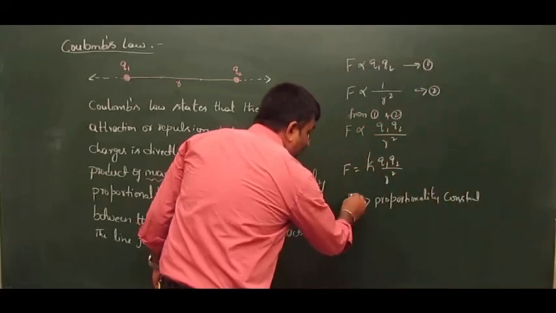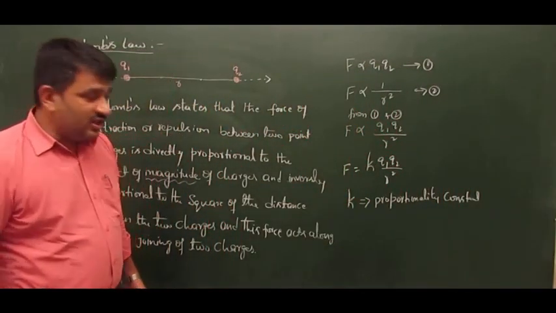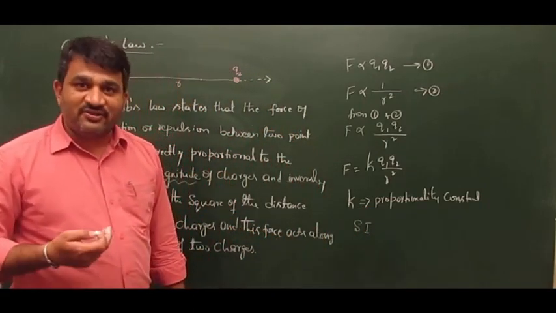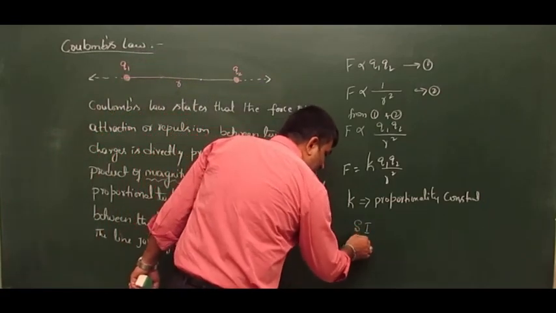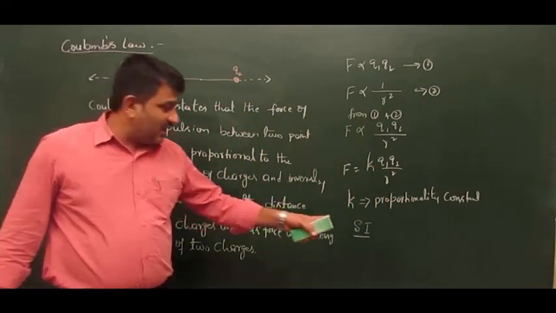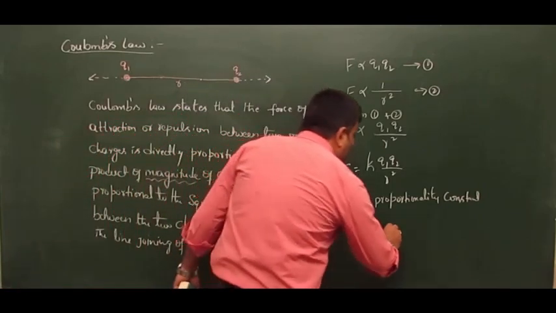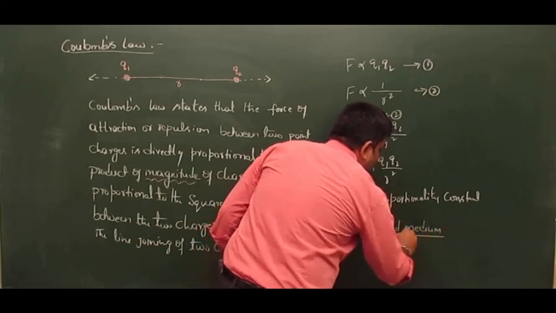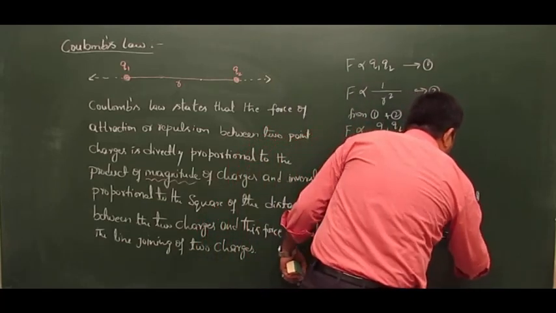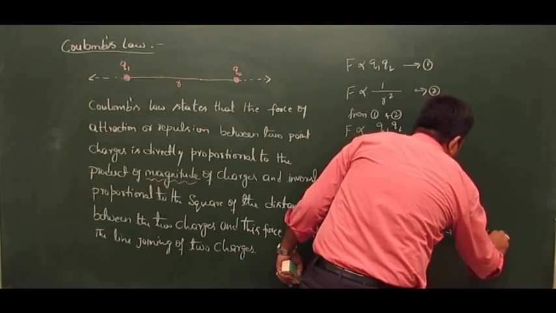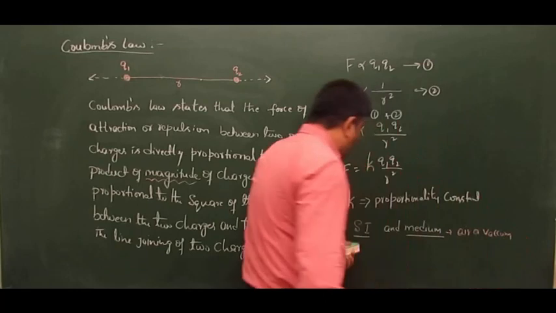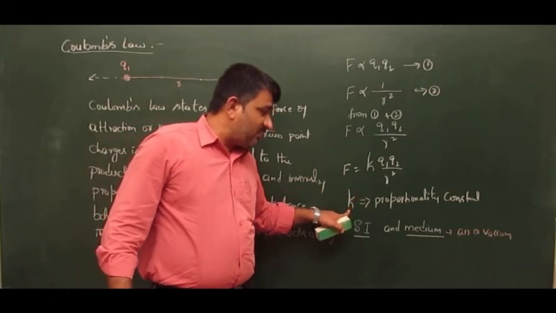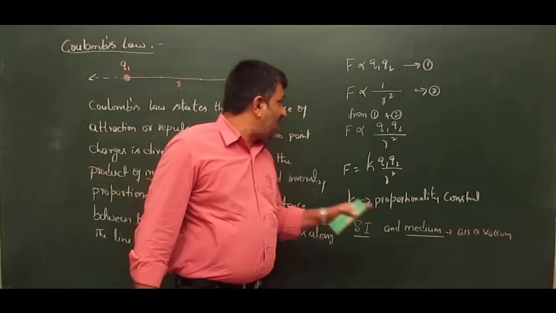The value of k depends on the units used, either SI units or CGS units. Here in this example we are considering SI units only, and the medium between the charges is air or vacuum. Then what is the value of this constant k? The value of k depends on the units we are using and the medium between the charges.